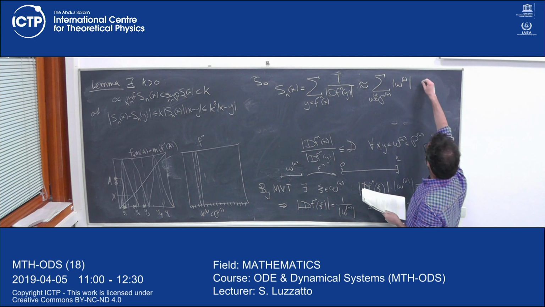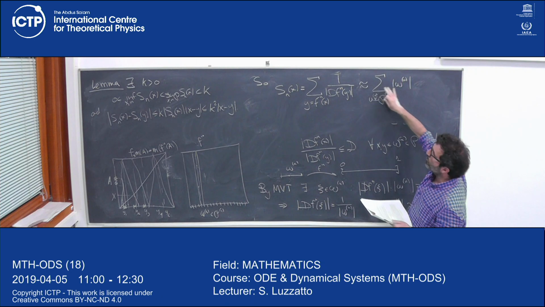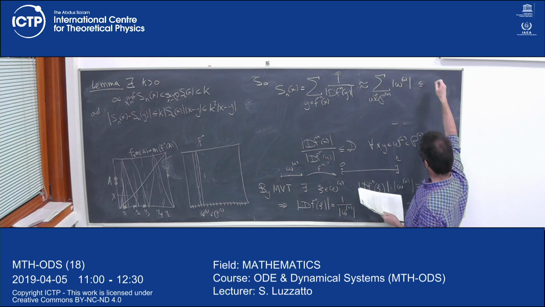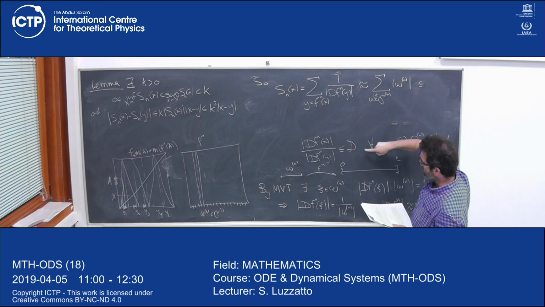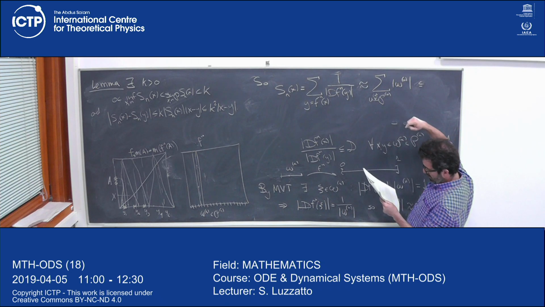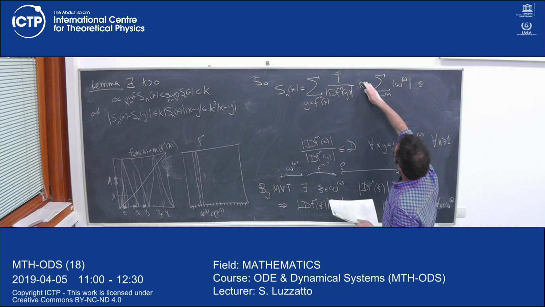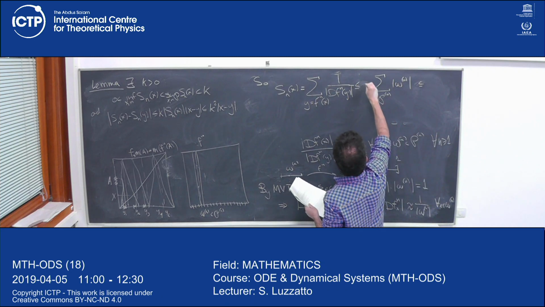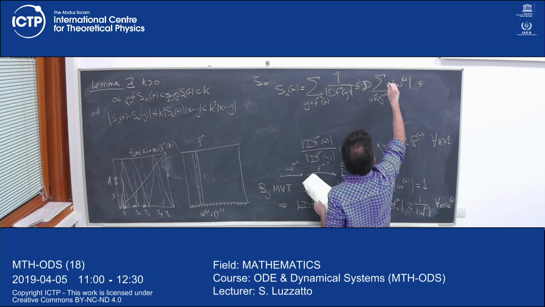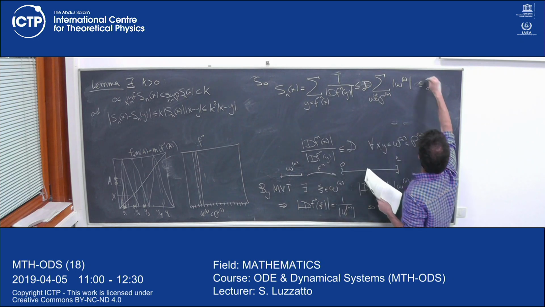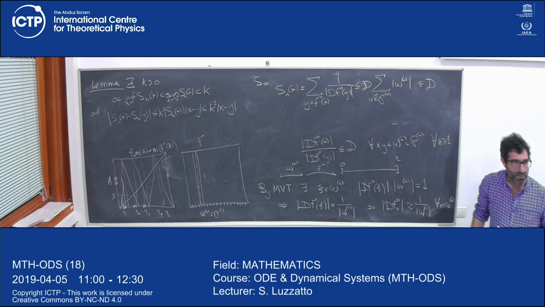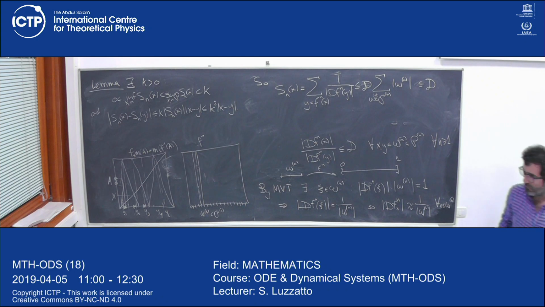And this approximately gives some bound. This is equal to 1, so this is less than or equal to some constant, which I think should actually be d. I wouldn't be completely sure, but let's write it a little bit more precisely. This is less than or equal to d times that, and I think this is less than or equal to d.